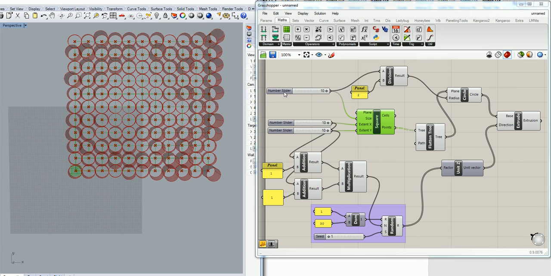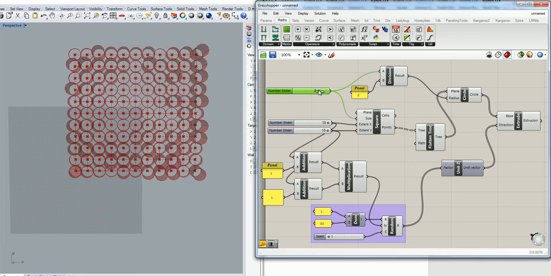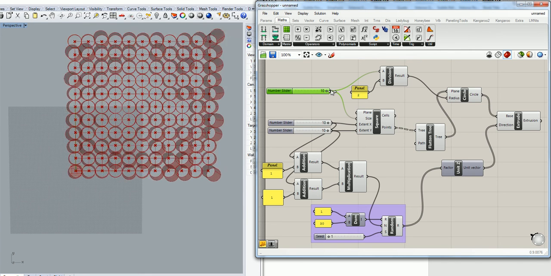We took the spacing of the grid, which can be 10 or whatever, and we divided it by 2. That gave us half the value. Now we took that and fed it into the radius, and now no matter what we do with this, the circles always touch.